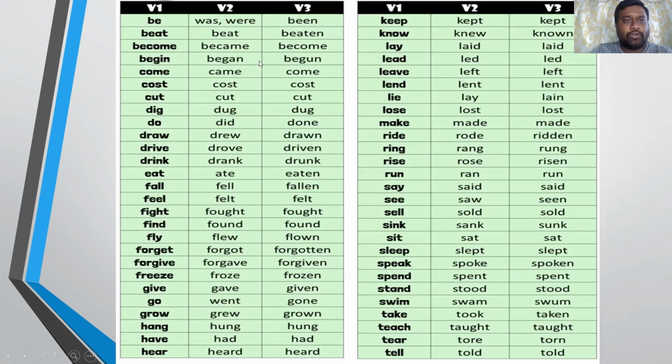Most of you should know what V1, V2, and V3 are. For example, drink is V1, drank is V2, V3 is drunk; eat, ate, eaten; fall, fell, fallen.